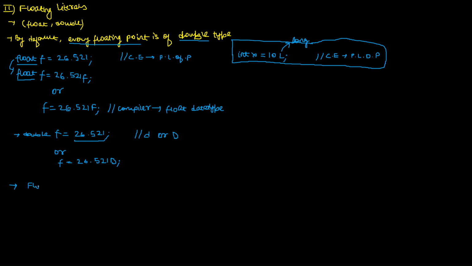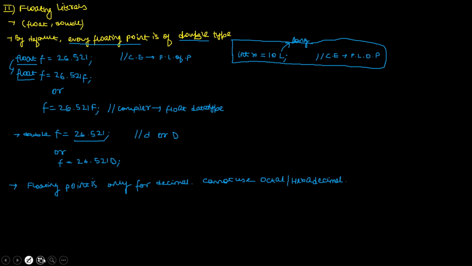Floating point is only for decimal representation. You cannot use octal or hexadecimal formats to specify a floating literal. Now don't get confused, I'll give you the explanation.